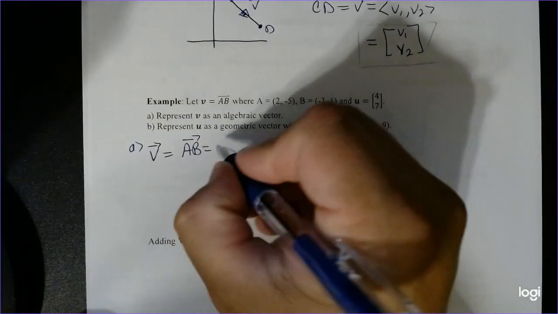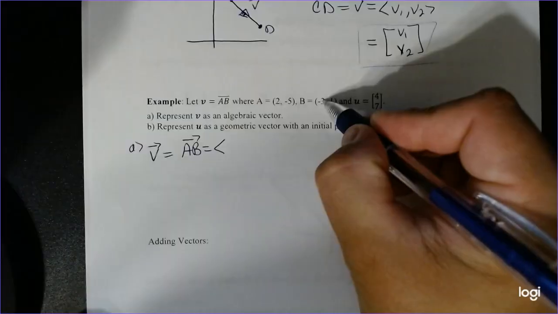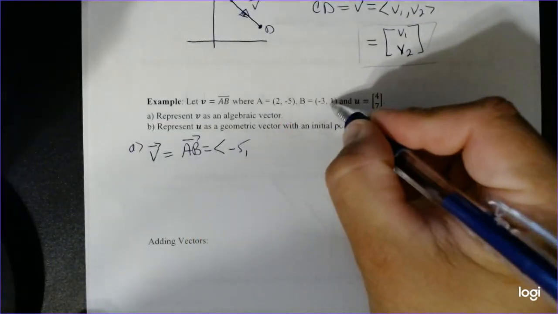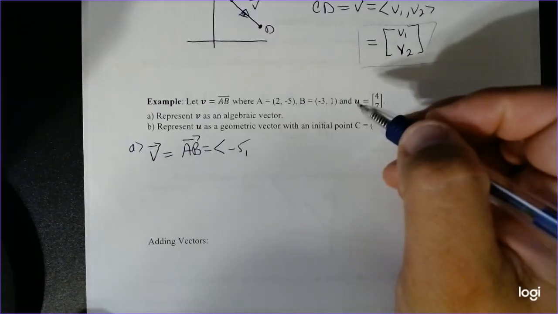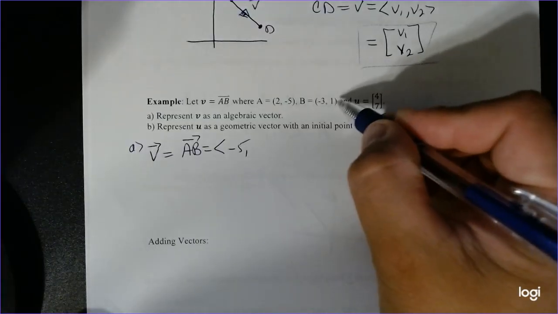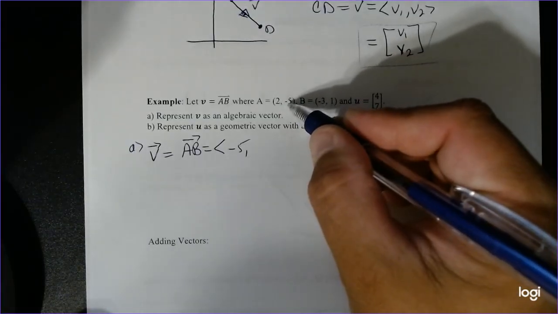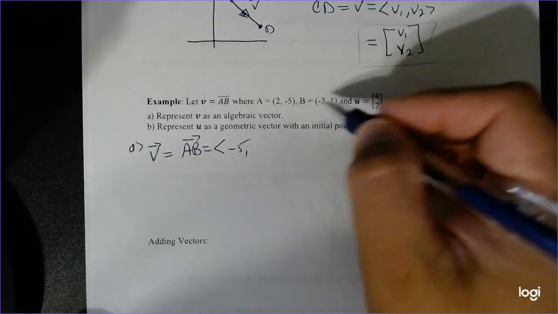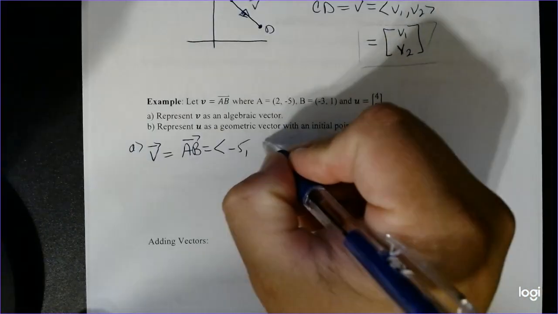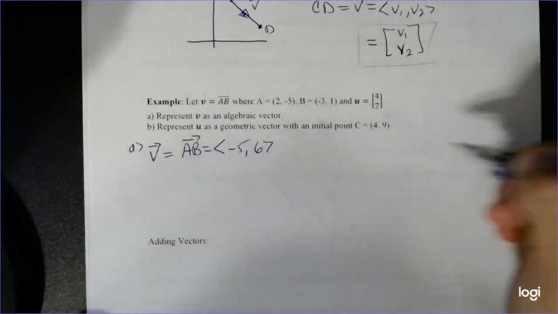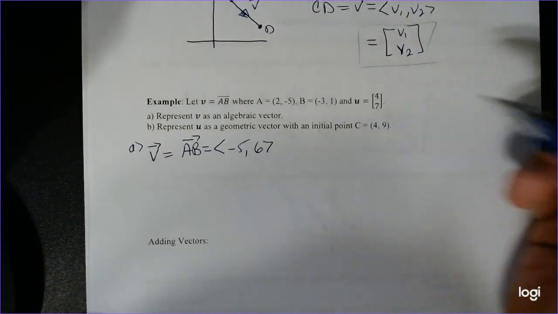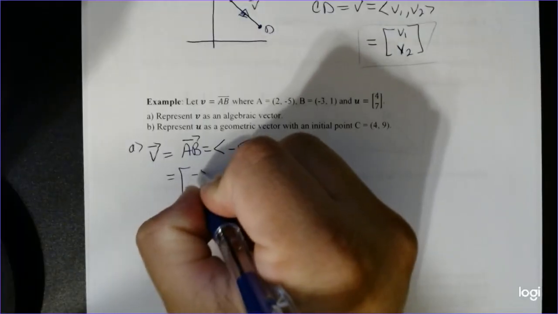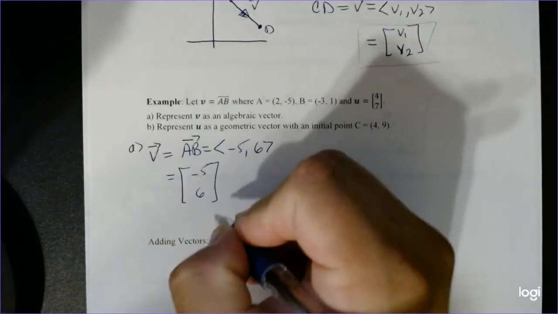So first times last: -3 minus 2 is -5. Then 1 minus a -5, so that becomes positive. Yeah, so 1 minus 6, I believe. So therefore, this is going to be like that.